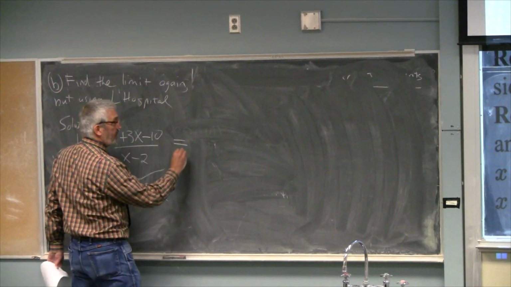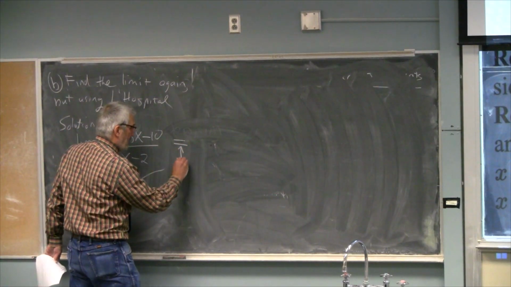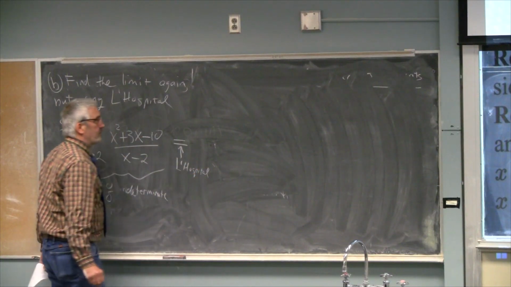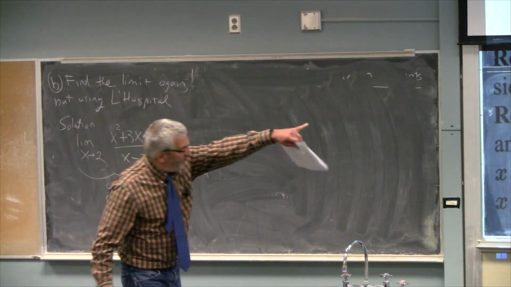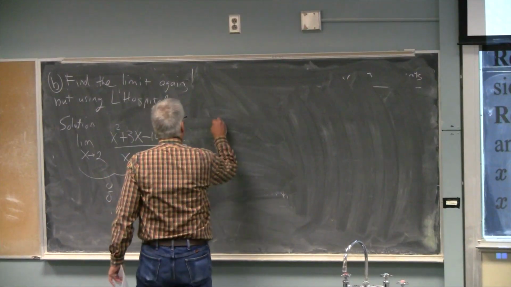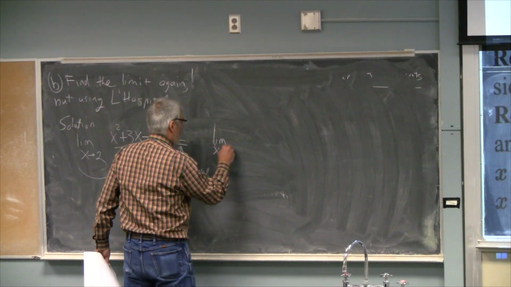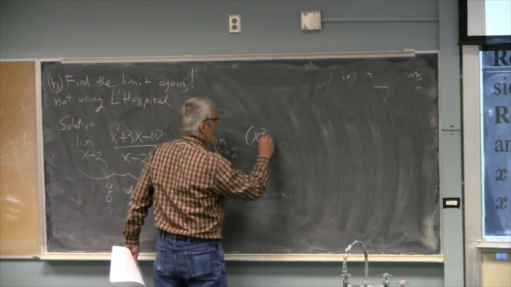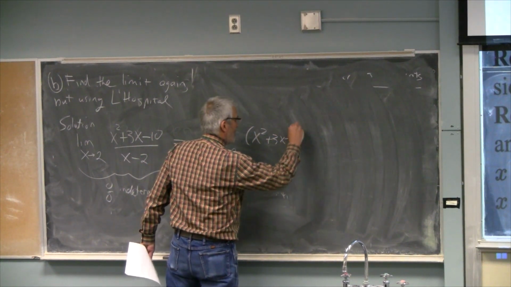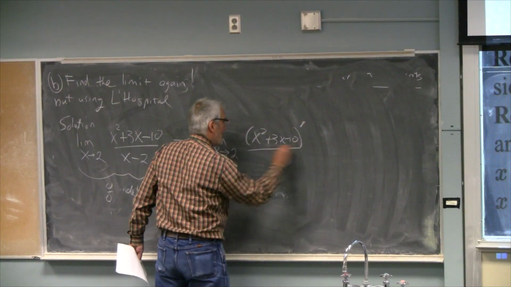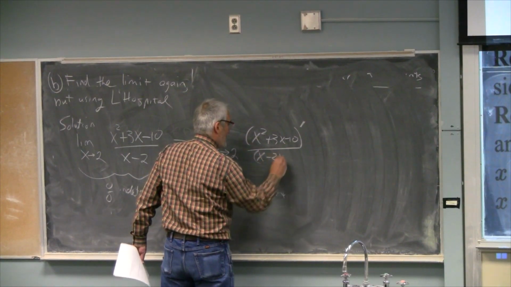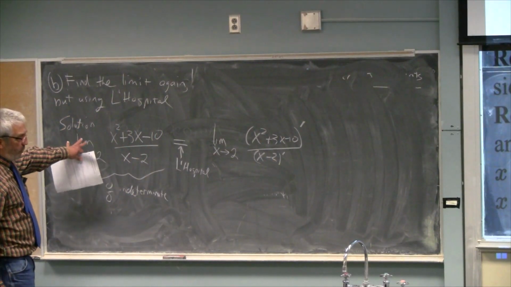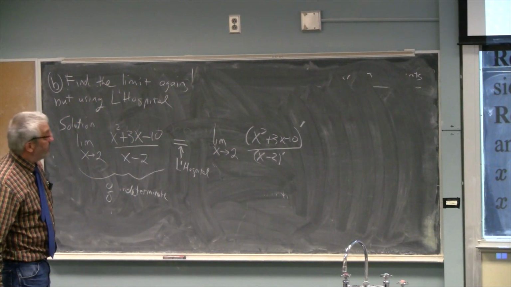Now I'm going to use L'Hopital's rule. So notice that with L'Hopital's rule, the limit symbol stays. So I have the limit of this quotient is the limit of the quotient of the derivatives.